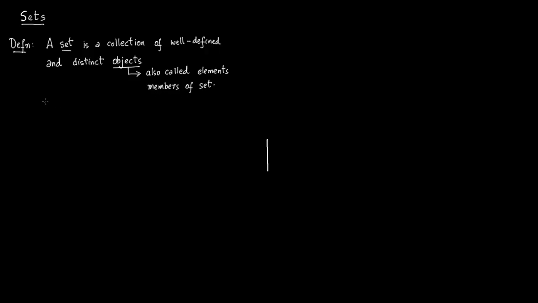Everything which I am writing down will be clear once we have examples. So sets are denoted by capital letters like capital A, capital B, capital C, capital D and so on.